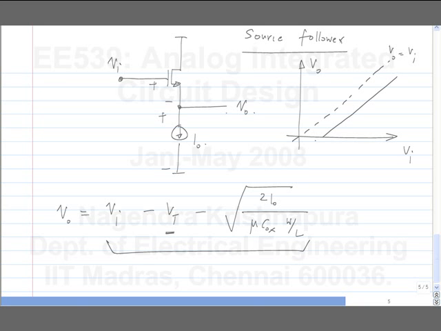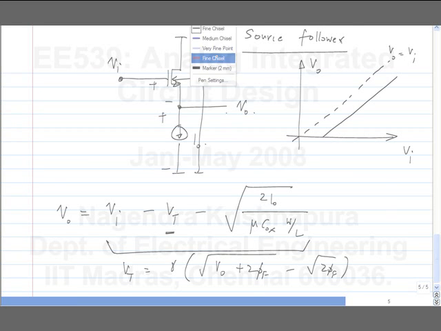If the bulk is connected to ground, Vt itself is dependent on Vo. So what happens is Vt goes on increasing as Vo increases. So what does it mean? The separation between these two curves, this separation ideally was Vt plus the overdrive. Now Vt itself changes, so this does something like this.